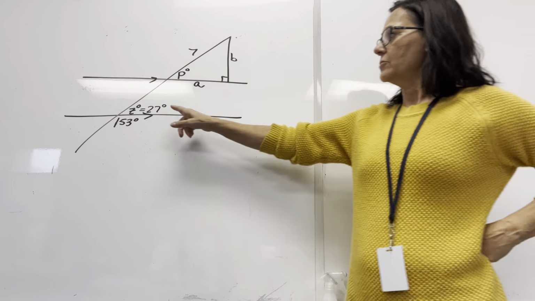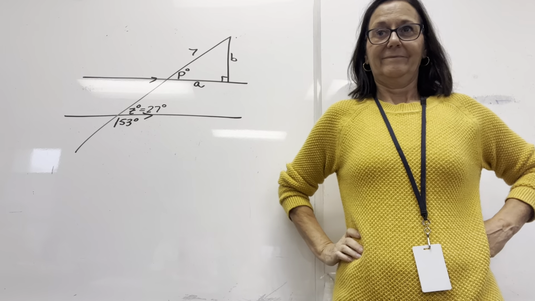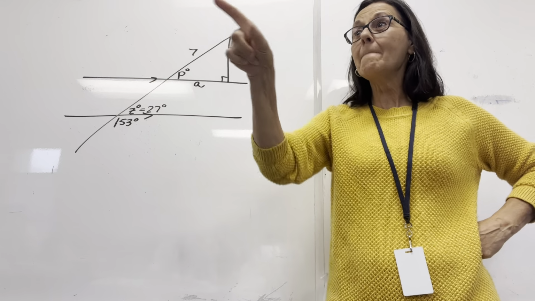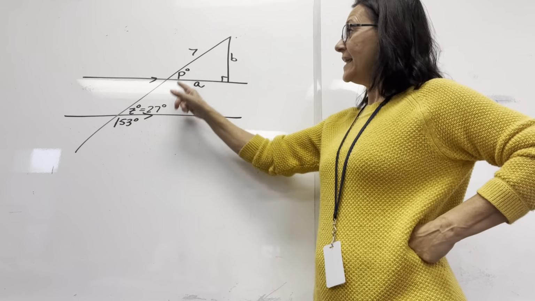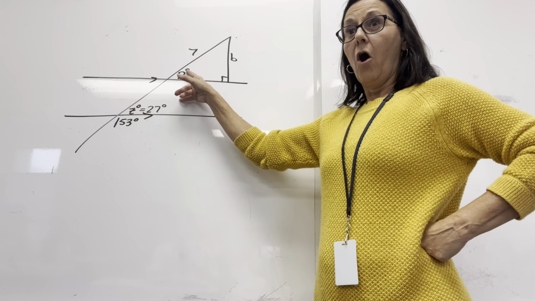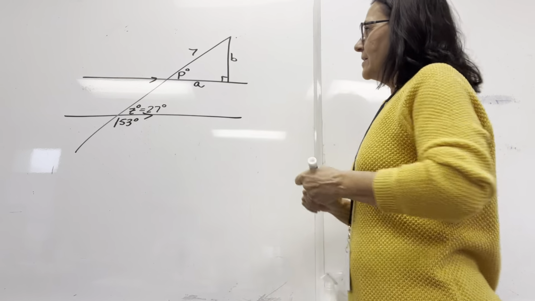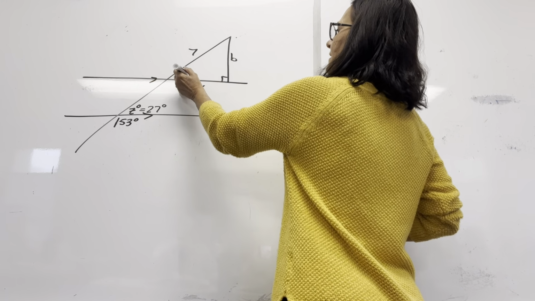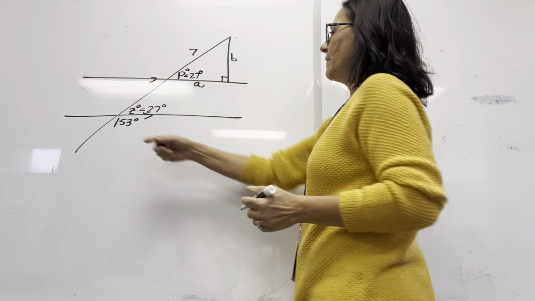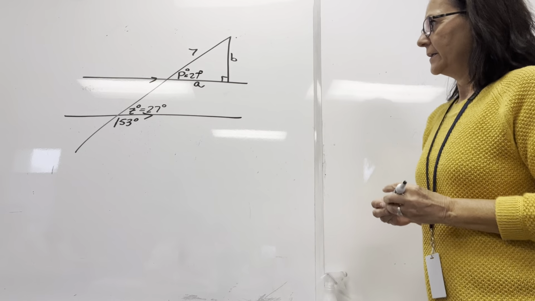How are the 153 and P related? Z and P are corresponding, so they're equal. So P is also 27 degrees because 180 minus 153 is 27.